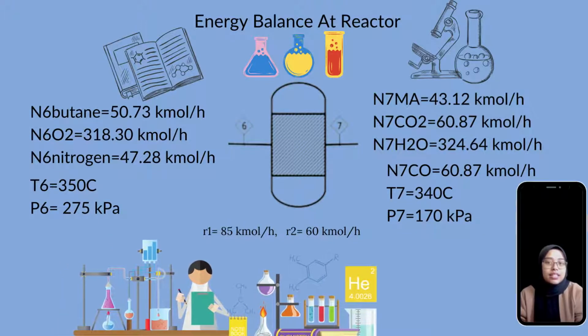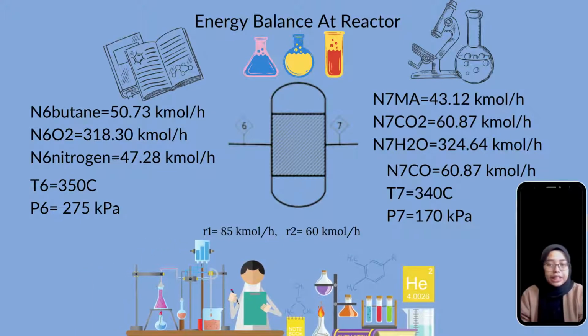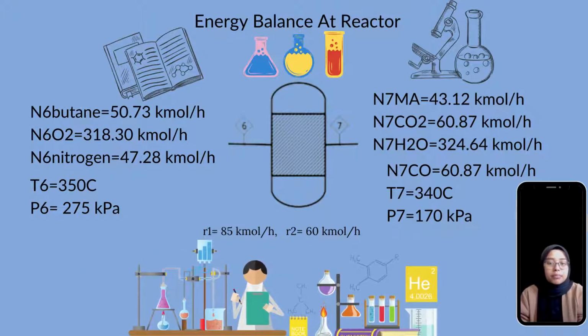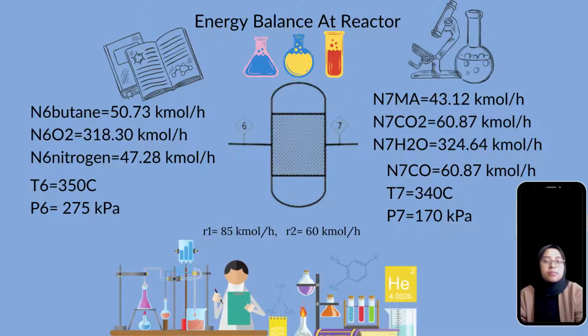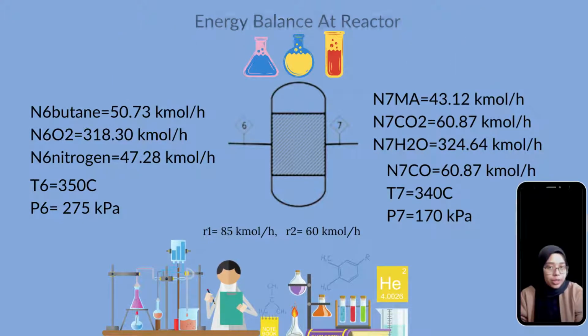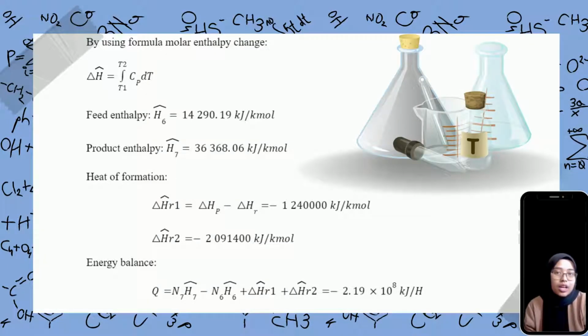Next, this is about the energy balance at the reactor. We can see the number of moles, pressure and temperature. By using the formula for molar enthalpy change, we can calculate each substance in each stream, and for inlet enthalpy we get 14290.18 kilojoule per mole, and for the outlet enthalpy stream we get 3636A.06 kilojoule per mole.